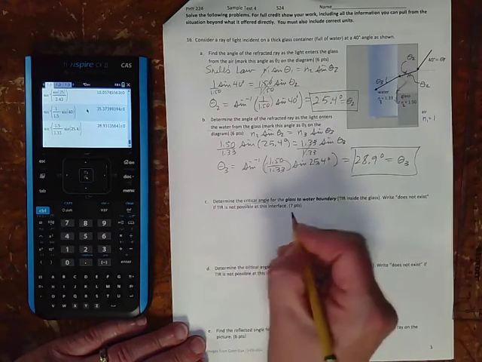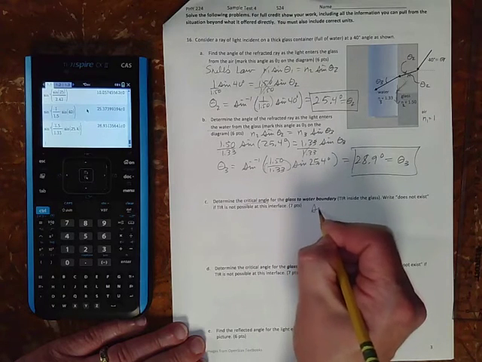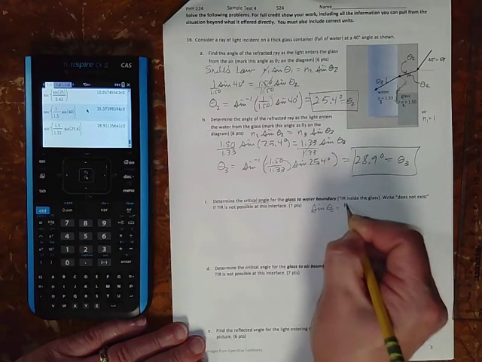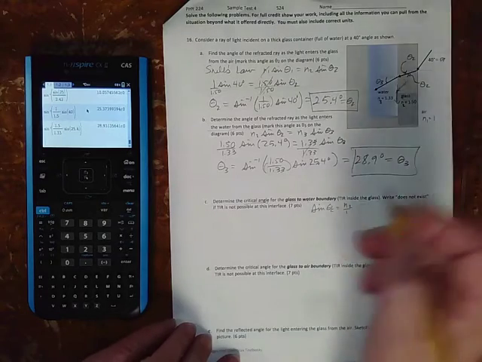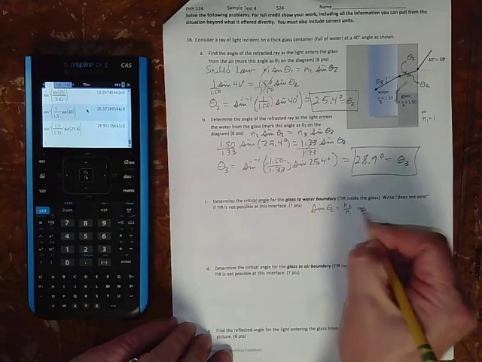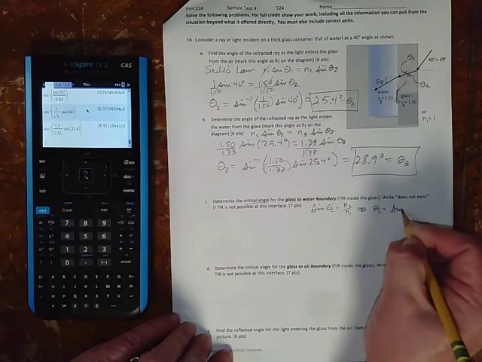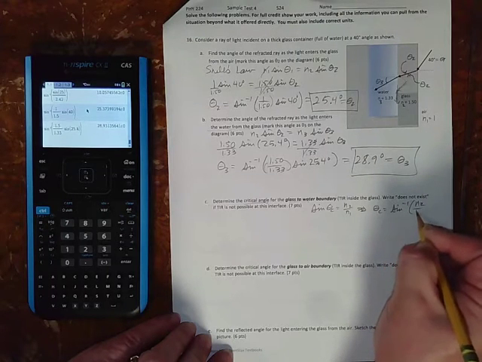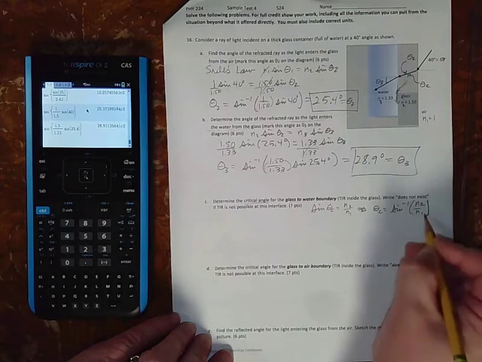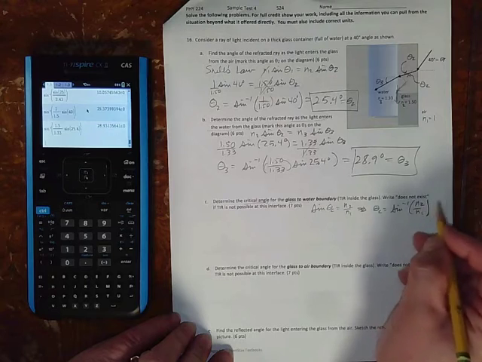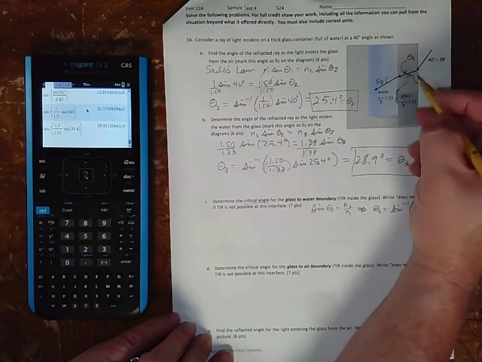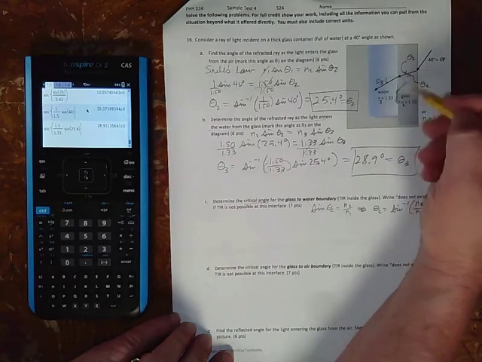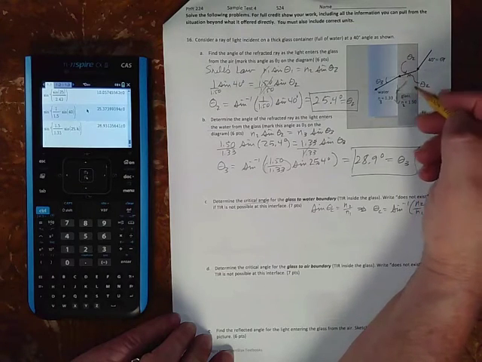And so in general, we have the formula sine of theta critical equals N2 over N1. Or theta critical is inverse sine of N2 over N1, where N1 is where the light starts, N2 is where it ends. So in this case, it's starting in the glass. We're looking for the total internal reflection in the glass.